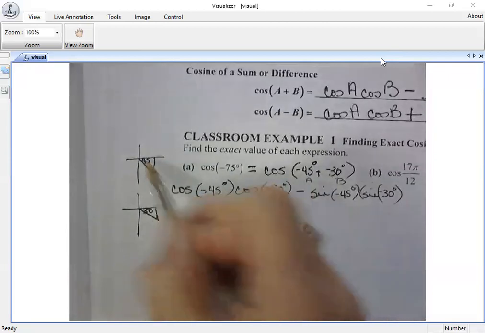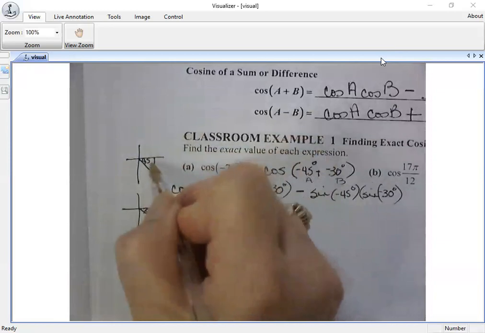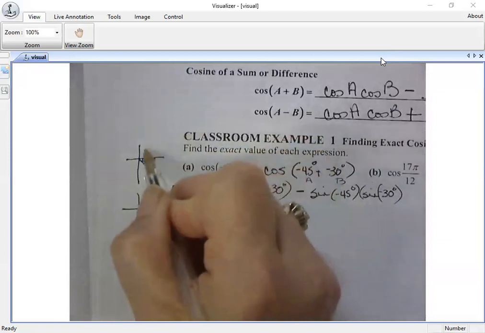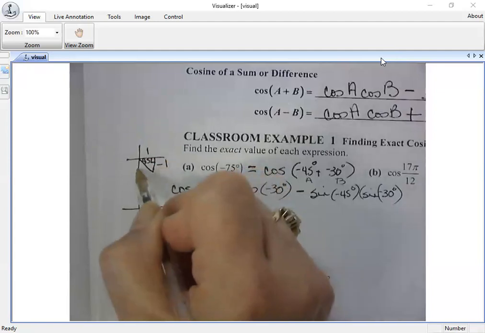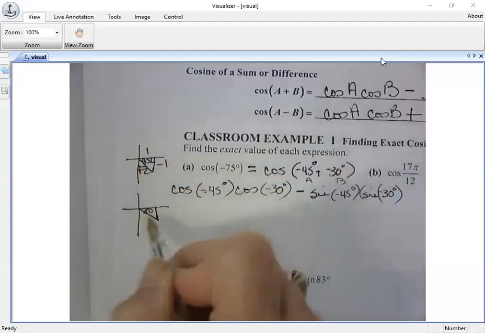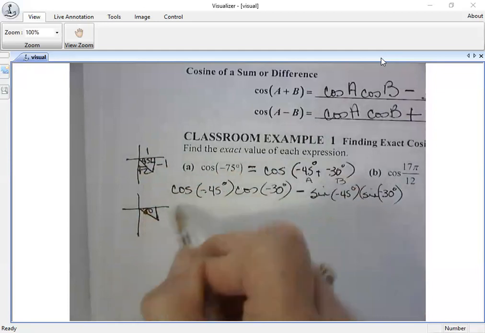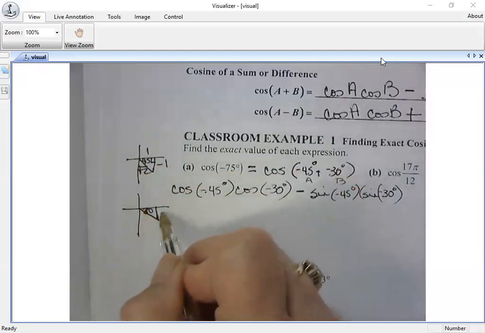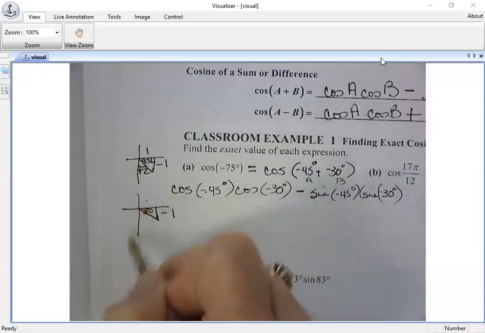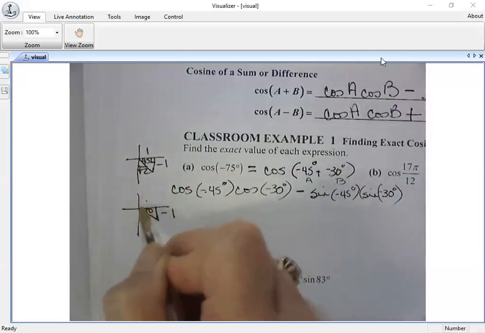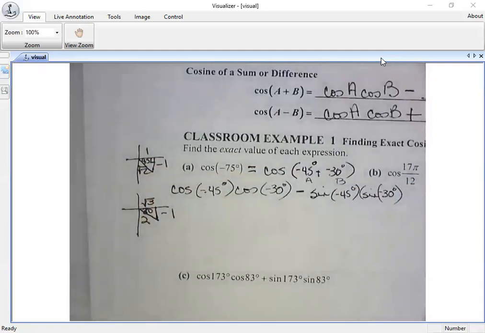So when it's a 45, 45, 90, here's my right angle. That means this is 1. What's this side length? Negative 1. This one is good. Okay, if this is my 30, what's this side length? Negative 1. What would this side length be? Square root of 3. And my hypotenuse is 2. Okay, so those are going to be my triangles that I'm going to use to help me replace these values.